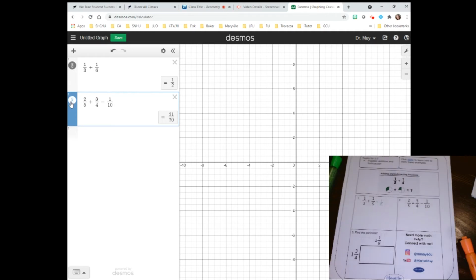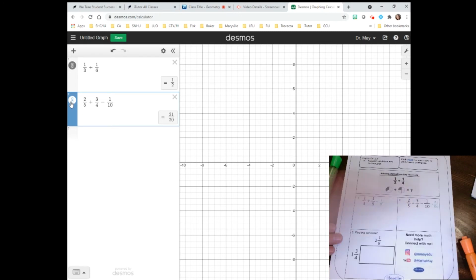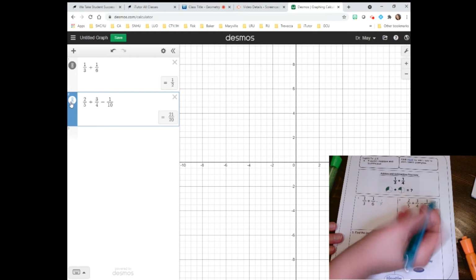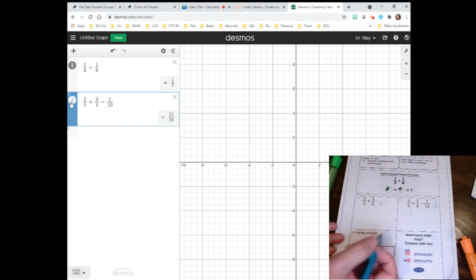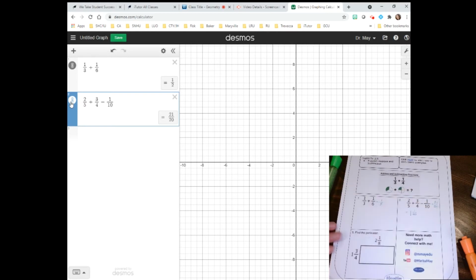So we will tell it to give us a fraction and we get 21/10. Now, because that's an improper fraction, an improper fraction is where the top number is bigger than the bottom number, we can easily convert that to what we call a mixed number. That would be, let's see, 20 goes into 21 one time with 1/20th left over. So you could write your answer like that as well.